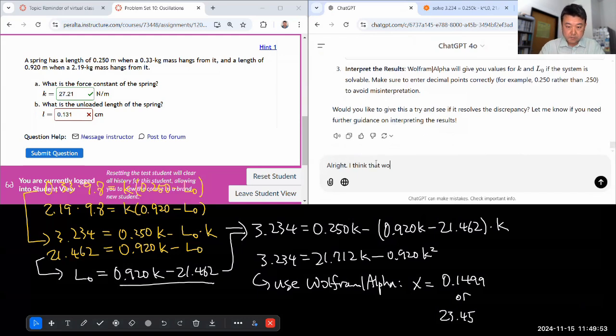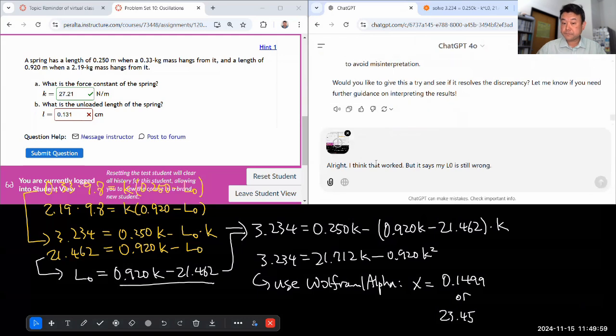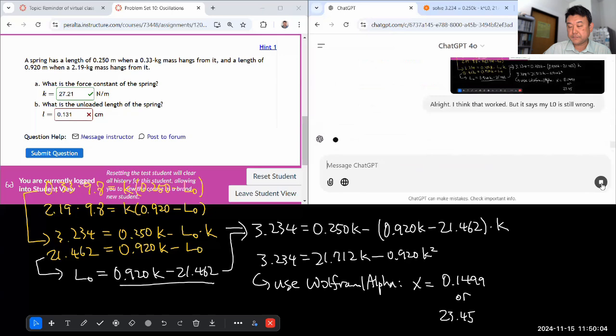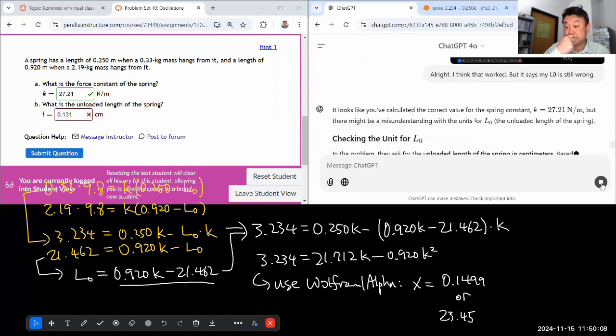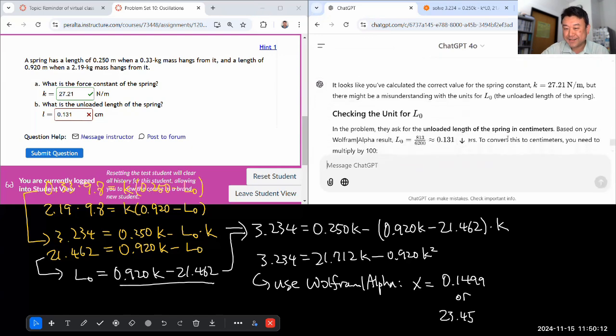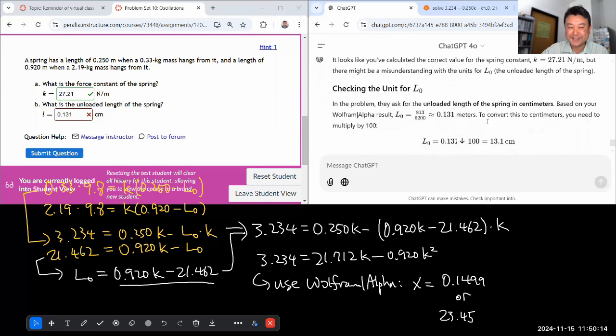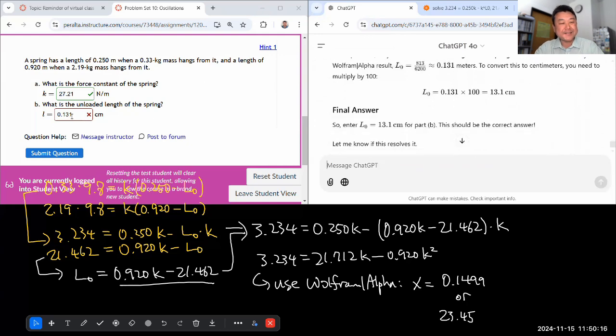I think that worked, but it says my answer is still wrong. And can it point out the difference in units? Yeah, checking the unit. Yeah, meters. That's converted. Yeah. So this is the way in which generative AI can be helpful.